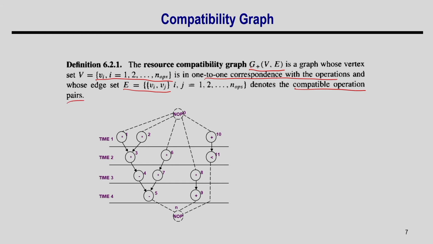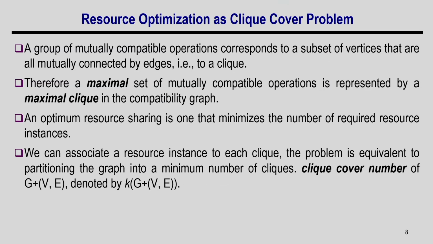If the operations are compatible, I add an edge in the graph, as we already discussed in the previous slide. Now I am going to argue that this resource allocation and binding, or resource optimization problem, can be modeled as a clique cover problem in the compatibility graph.